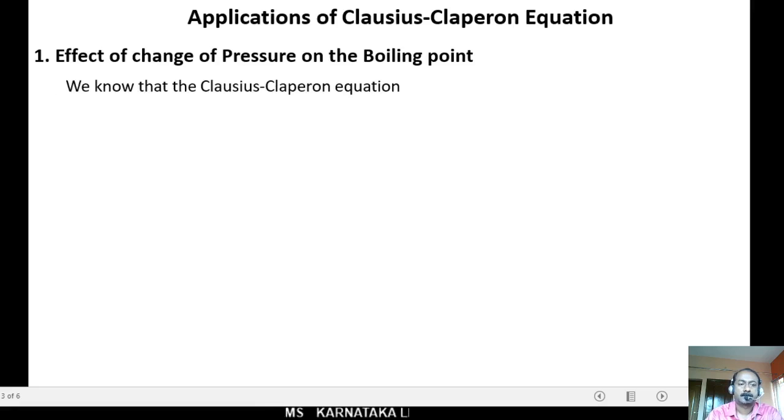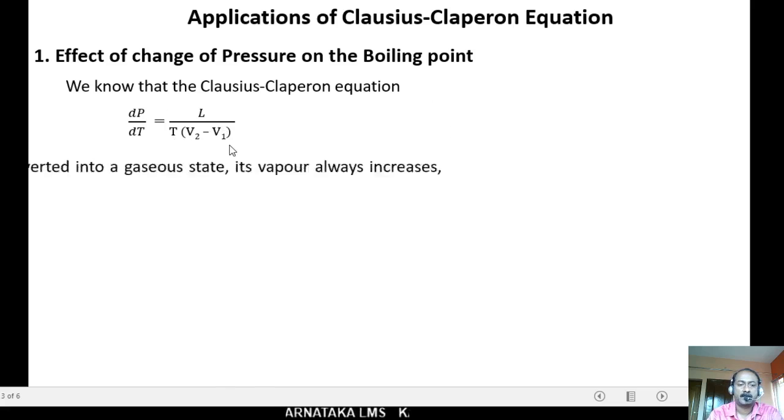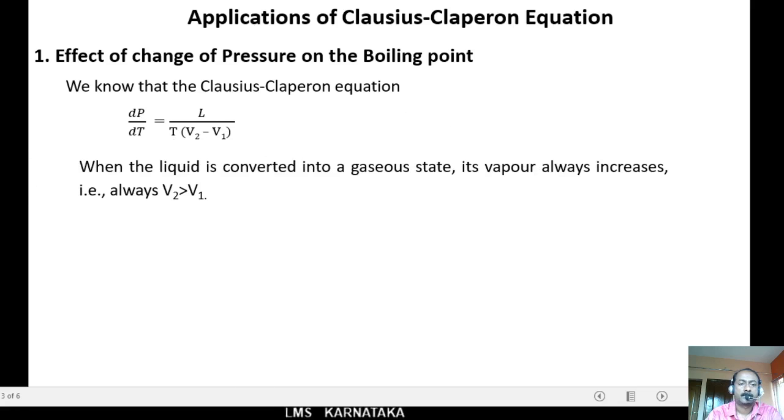For this, we know that the Clausius-Clapeyron equation, which is derived in the previous session, that is dP by dT is equal to L upon T into (V2 minus V1), where L is the latent heat of vaporization and T is its absolute temperature.